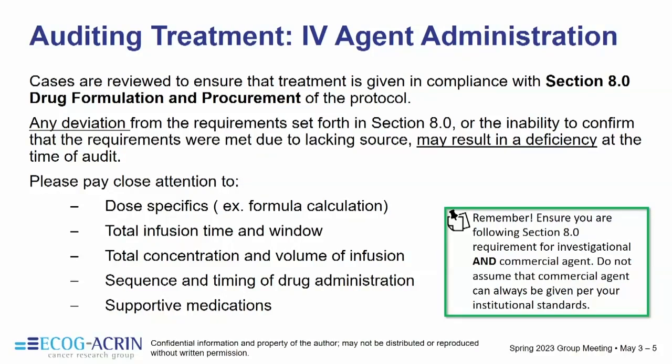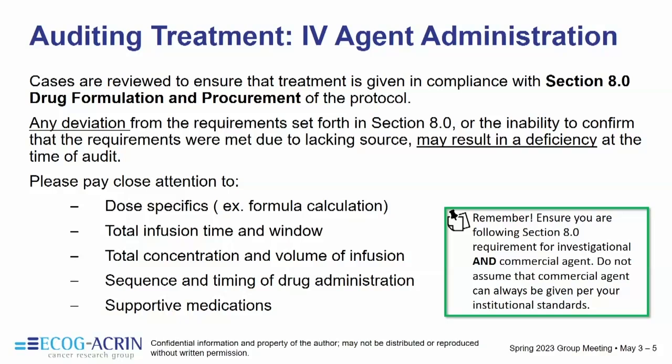With the research, study supplied agent, IND agent, you will see a total infusion time and window. We also want you to look at total concentration of your IV infusion, so nivolumab being 1 to 10 milligrams per milliliter, making sure you're fitting within that, and then checking your volume of infusion. Not every IV agent is going to have a maximum required total volume of infusion, but some will, like nivolumab is 160.